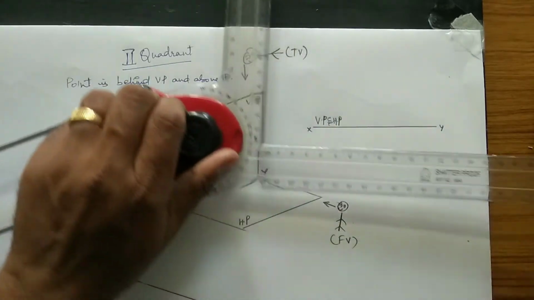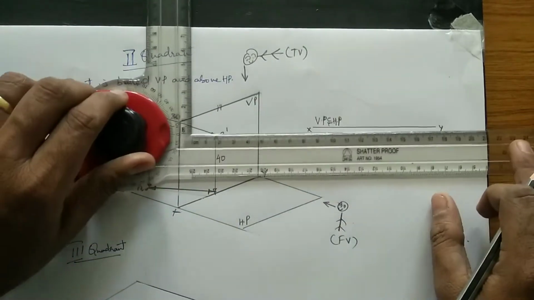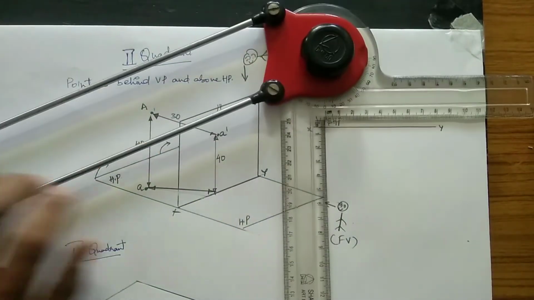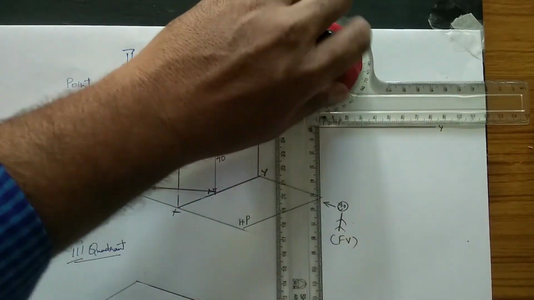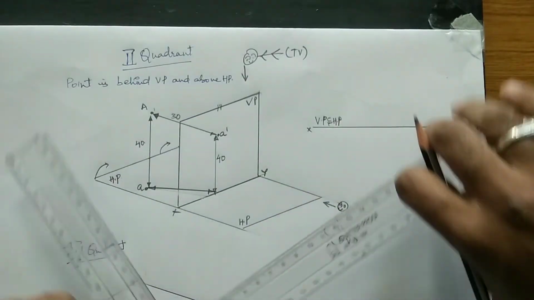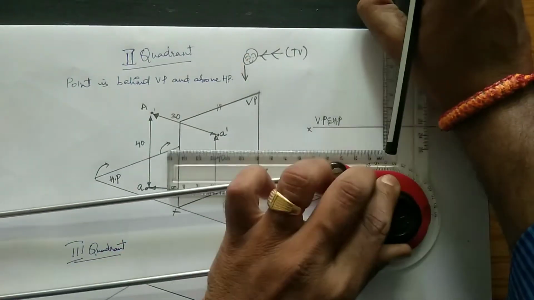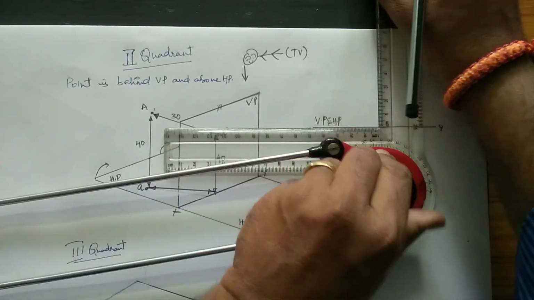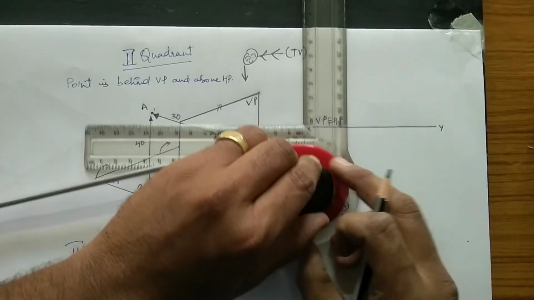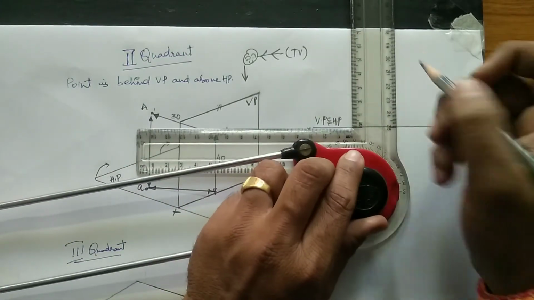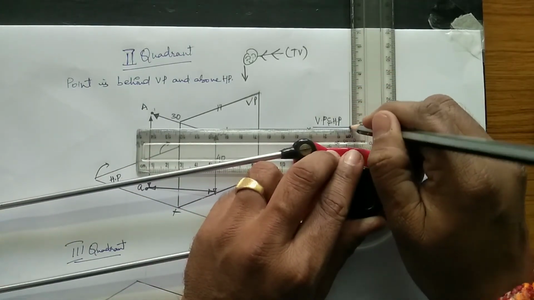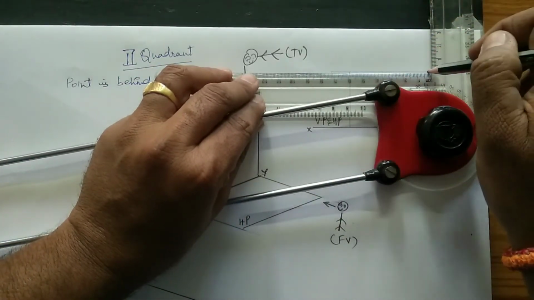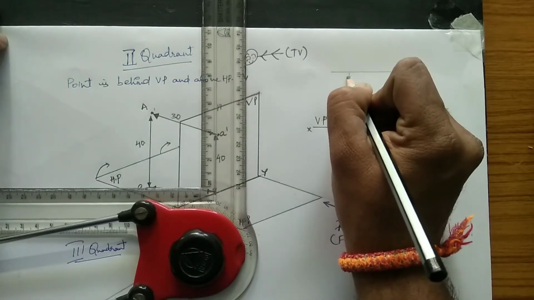It is at a height of 40 mm first. Let me draw the locus line here and mark the dimensions.